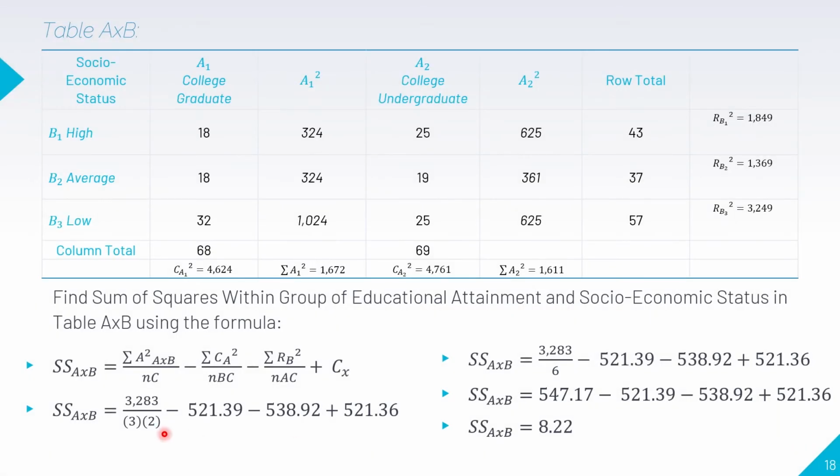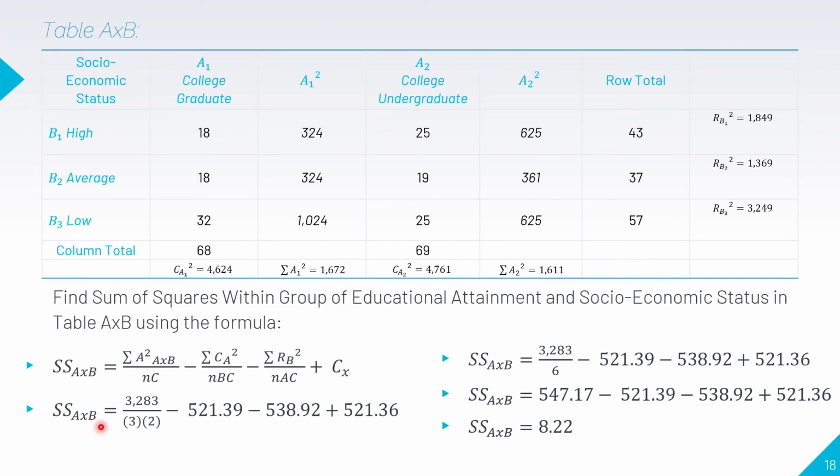Next, find the sum of squares within group of educational attainment and socioeconomic status in table AB using the formula SSAB is equal to summation of A squared in AB minus A over NC minus summation of CA squared over NBC minus summation of RB squared over NAC plus CX.